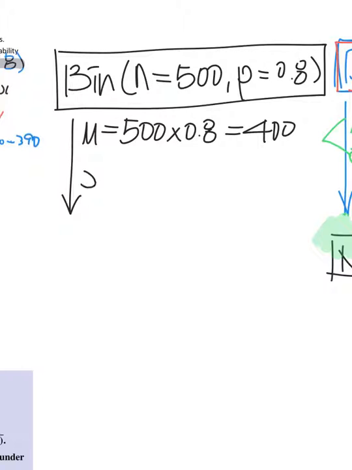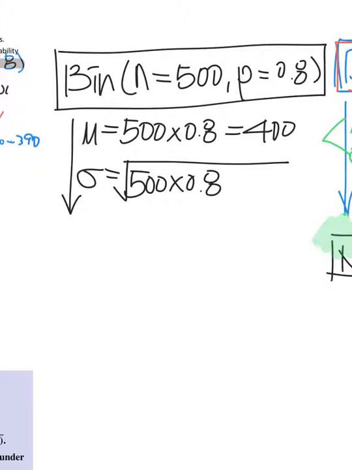And also, we need the standard deviation, which will be the square root of 500 times 0.8 times 0.2. Can you understand where I get 0.2? 1 minus 0.8, 1 minus p. 1 minus 0.8 is 0.2. So how much will the standard deviation be, please? 8.94.